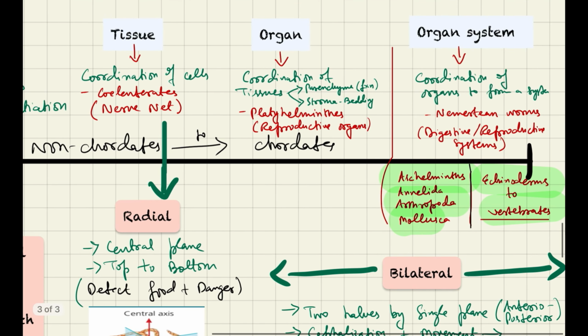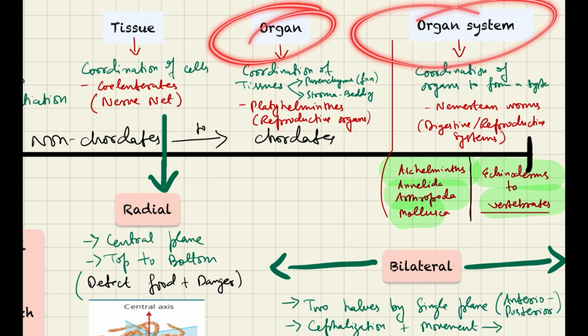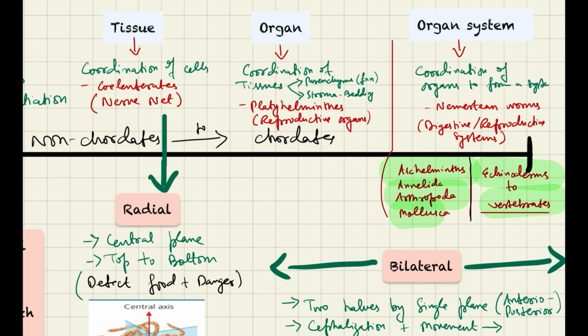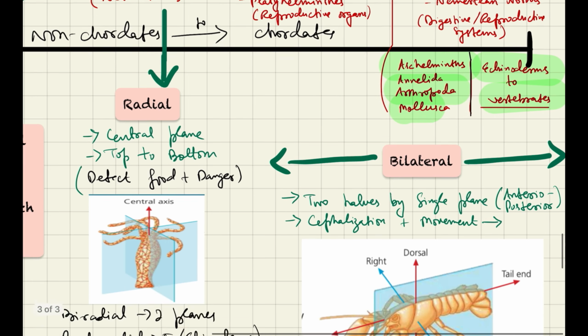So here you need not remember each and every phylum for bilateral symmetry, just keep it in memory. You just have to know which phyla have organ and organ system level of organization. There only we will be finding this bilateral symmetry.